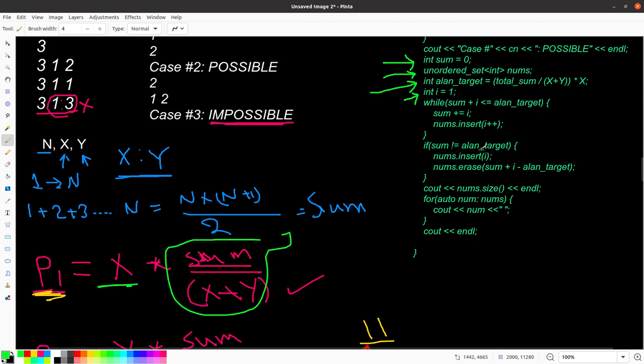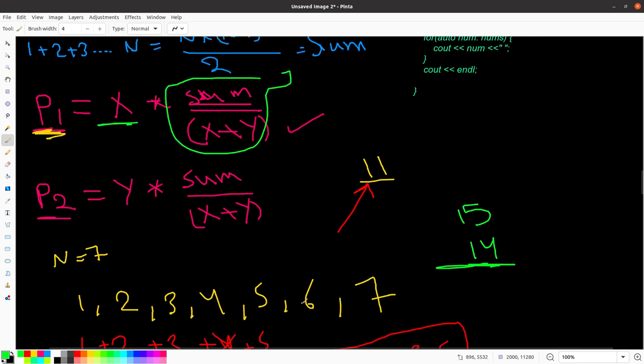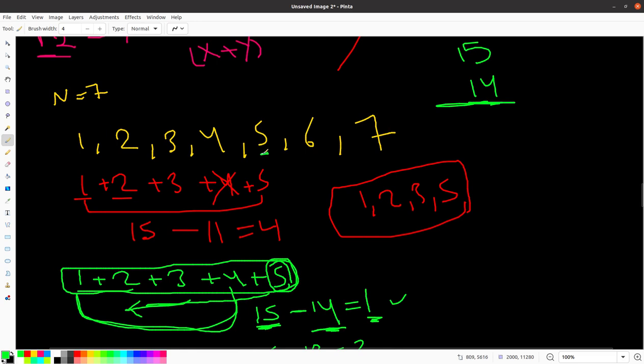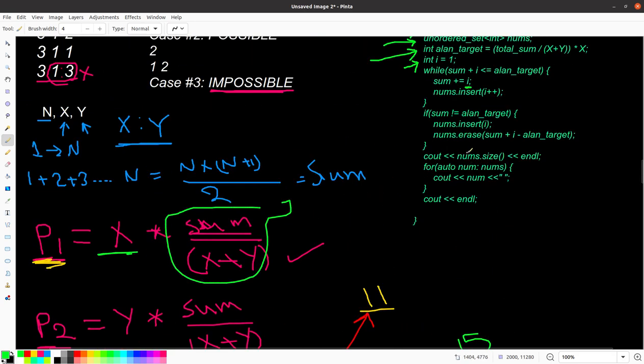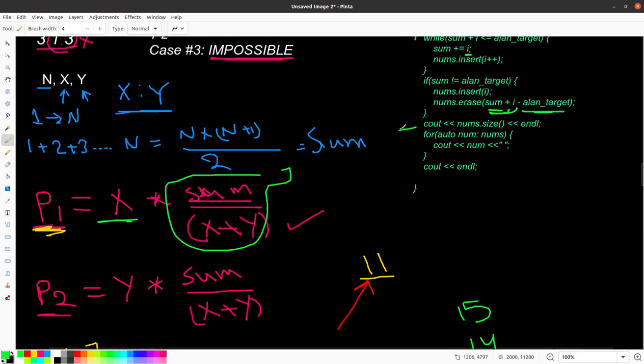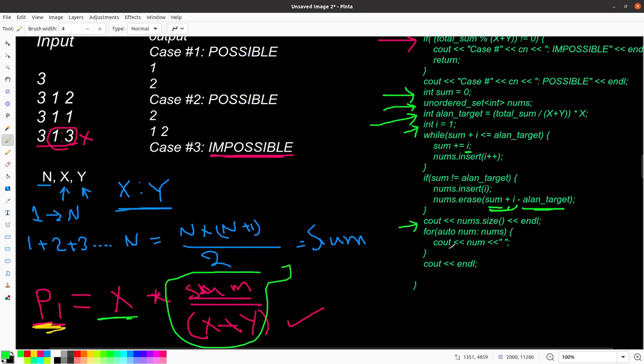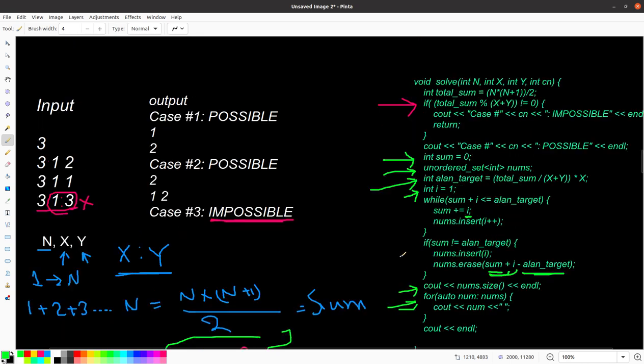Now if sum does not equal the target, that means we need to insert the last i, in this case it was 5. Then we need to remove one of the numbers we inserted before, and this number equals sum plus i minus target. Then we print the size, or the number of elements assigned to the first person, and we print all the elements in the set.